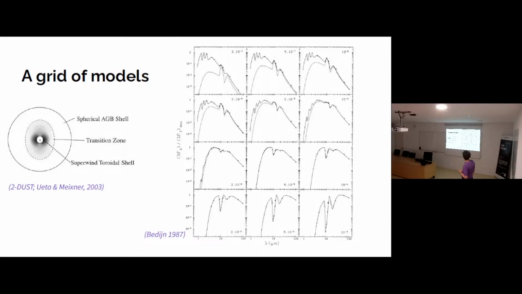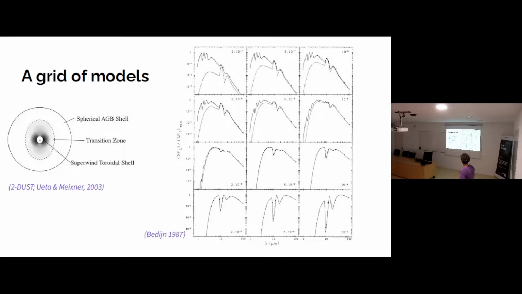So you basically take a dust radiative transfer model like this one here, 2dust, which is the one that we used, and you start increasing the dust mass loss rate. Here it goes from the gas mass loss rate, 2 times 10 to the minus 7 solar masses per year, all the way here to 10 to the minus 3. And as you increase the mass loss rate, you see that the spectral appearance changes because the optical depth increases.